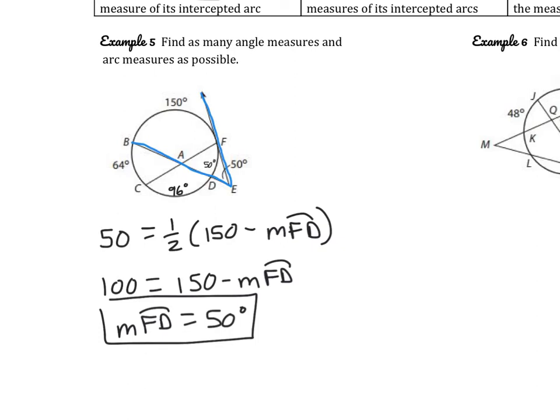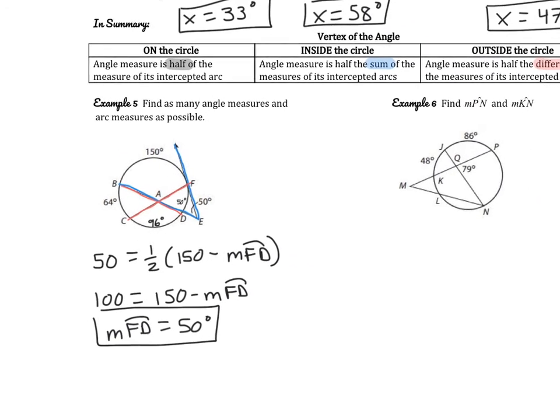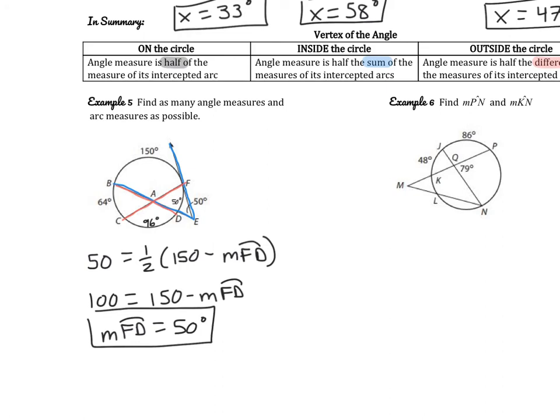Okay, so now let's work with these two intersecting segments here and here. Here we have a chord and a secant that are intersecting inside the circle. So remember, when two segments are intersecting inside, the angle is going to be half the sum of the intersected arcs.